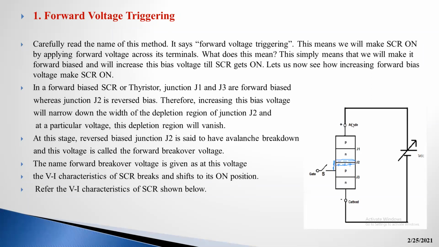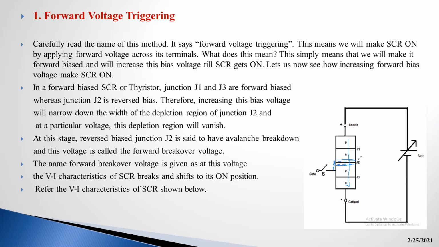By increasing this voltage across the anode and cathode, the depletion layer decreases, and at one particular voltage level the depletion layer totally decreases, and the path is provided to flow the current from anode to cathode.